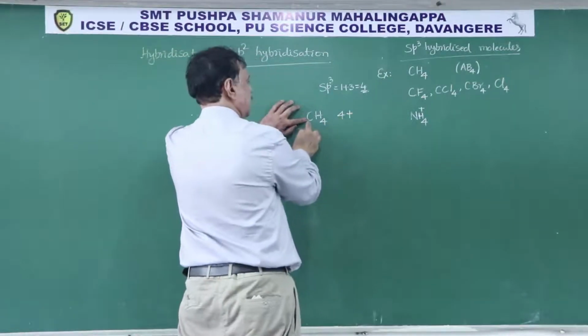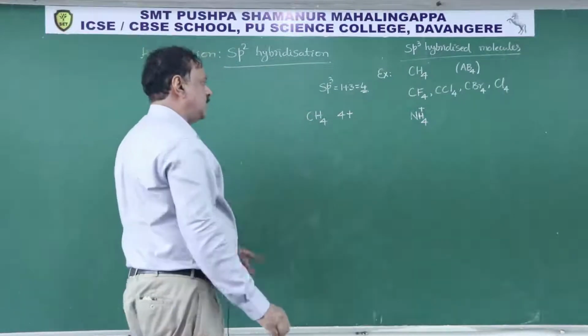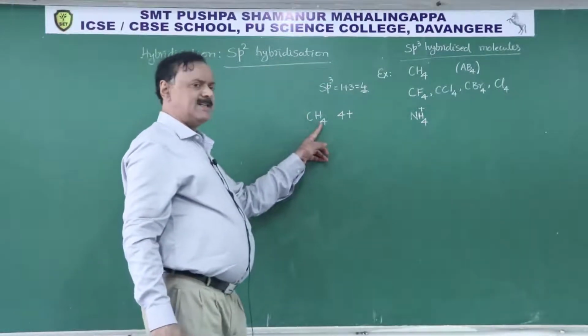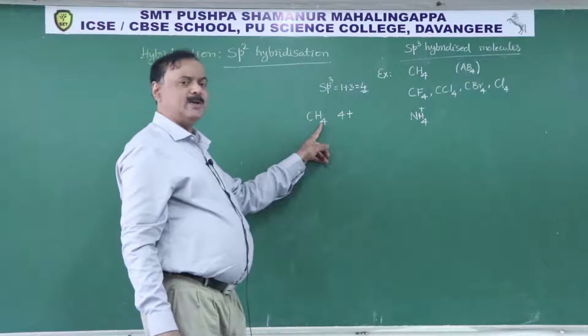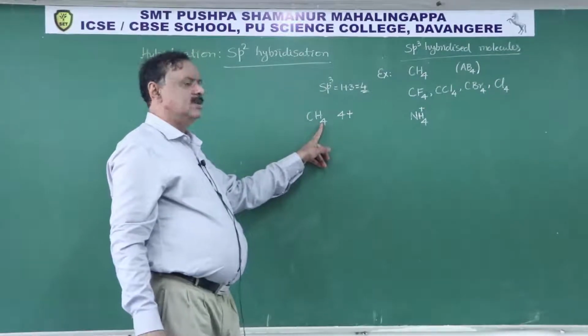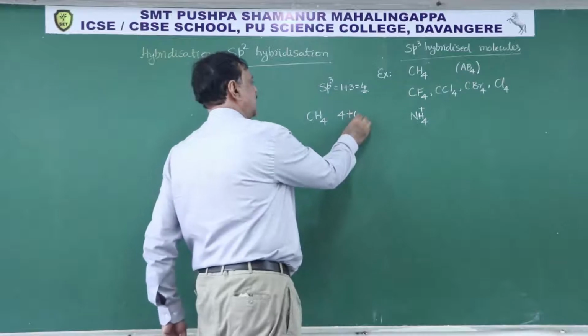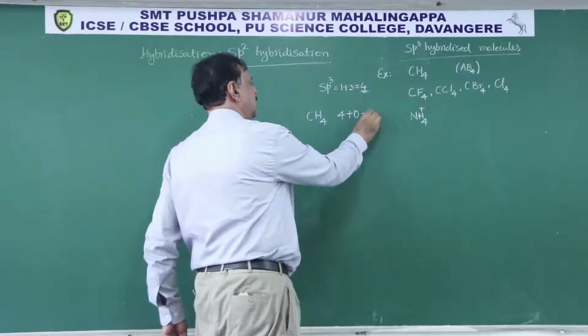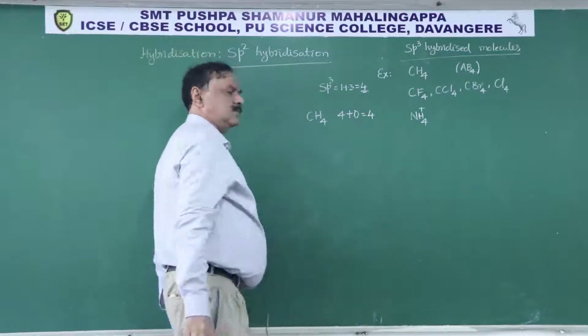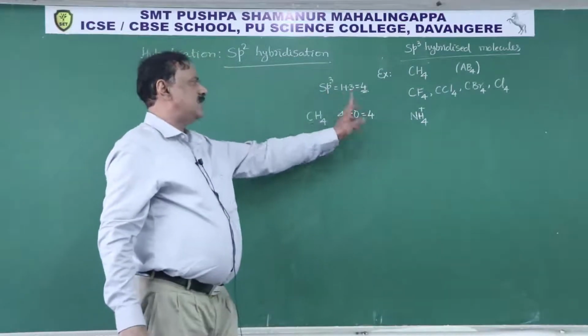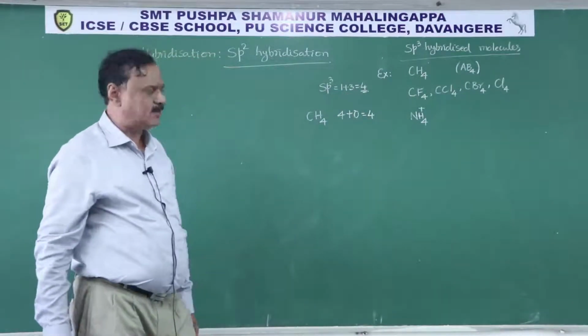Plus the valence of the carbon, which is 4. All 4 valences are satisfied by means of single covalent bonds with the hydrogen atoms. Therefore, the number of unpaired electrons left is 0. So the total is 4. If the answer is 4, then it is an sp3 hybridized molecule.